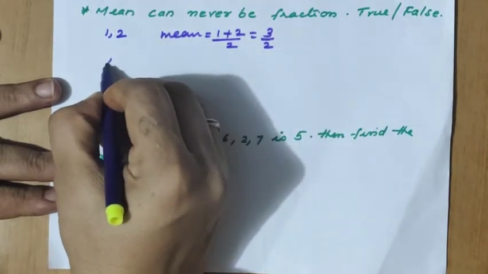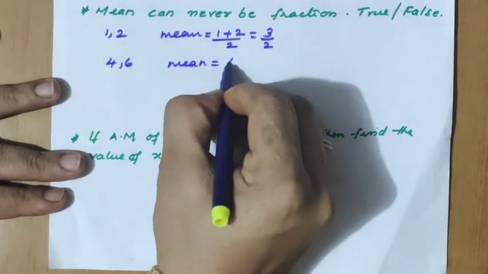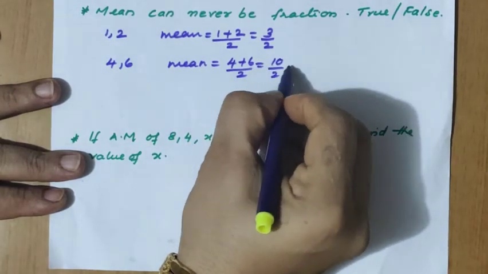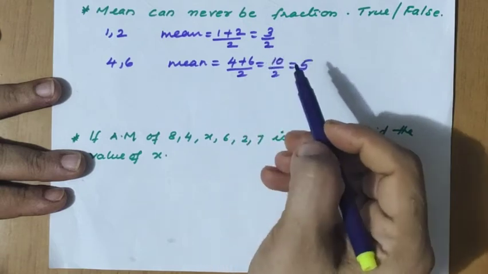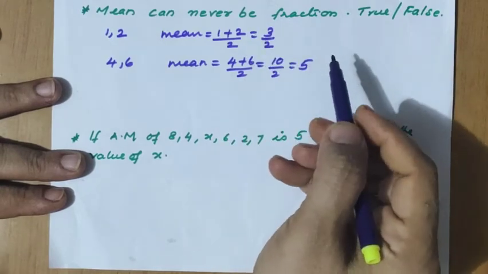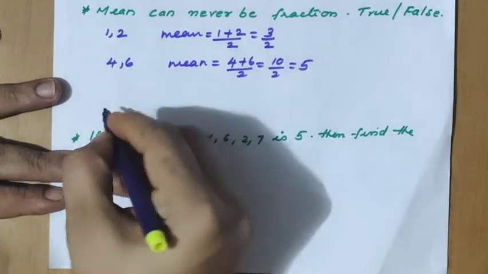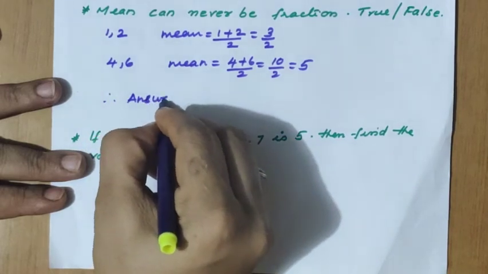But when we are going for 4 and 6, what is the mean for 4 and 6? 4 plus 6 divided by 2, that is 10 by 2 equal to 5. So 5 we are getting here, 3 by 2 we are getting here. So sometimes it may be a fraction, sometimes it may be a natural number or like that. So that is why false is the answer. Therefore, the answer, or the solution, is false.